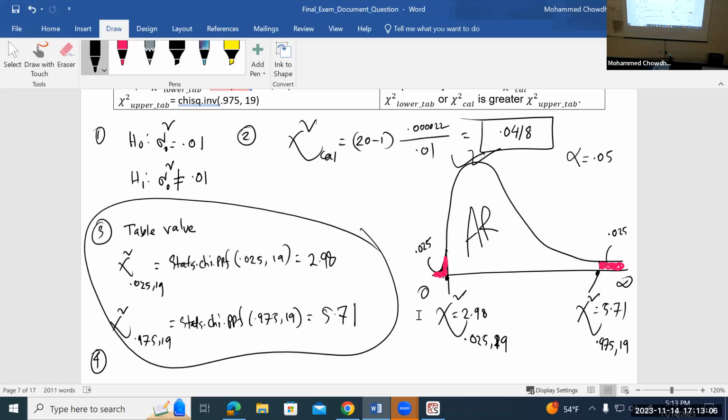So that one is my calculated value, 0.0418. And these two are my tabulated values. This is my acceptance region. So this value equal to 2.98, that value equal to 5.71. So the range is in here, 2.98 to 5.71. Bigger than 5.71 is the rejection region. Less than 2.98 is also the rejection region. This is the acceptance region.